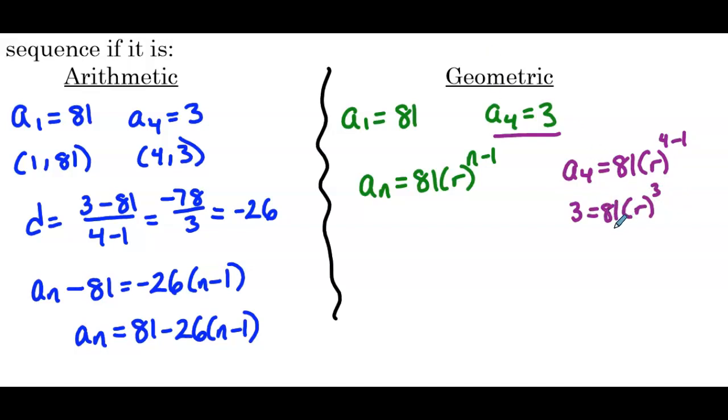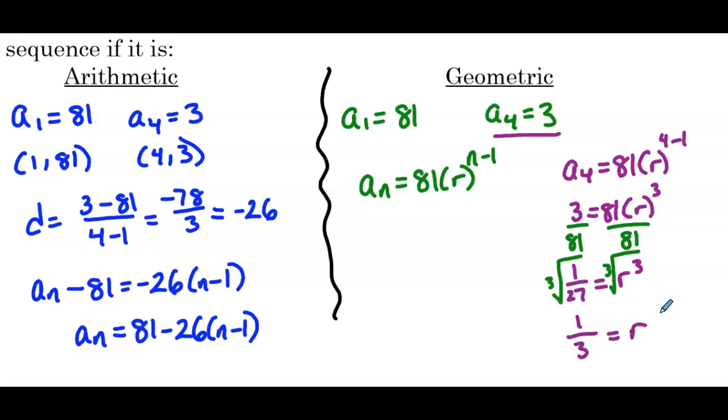Now we want to divide both sides by 81 to isolate the r cubed. So we would have 1 over 27, if I simplify that fraction, equals r cubed. We can take the cube root of both sides. So in order to take the cube root of this fraction, just cube root the numerator and the denominator. So the cube root of 1 is 1. Cube root of 27 is 3.